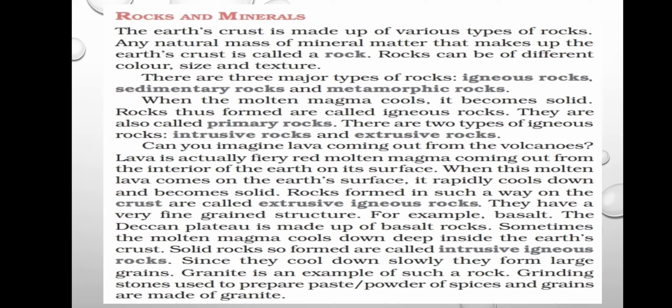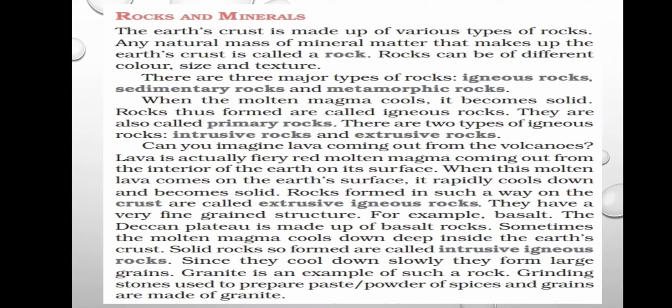Again, I am repeating: the lava which comes out is in molten form, and when it meets the normal temperature and pressure conditions of the earth, it starts to cool down gradually and solidify, and in that way extrusive igneous rock is formed. Basalt is an extrusive igneous rock. From here you can also find the difference between intrusive and extrusive igneous rocks.